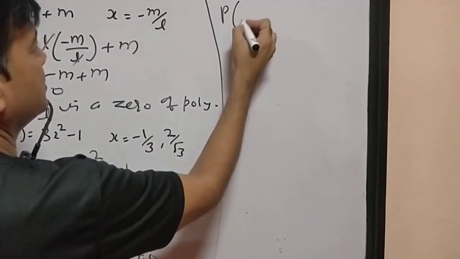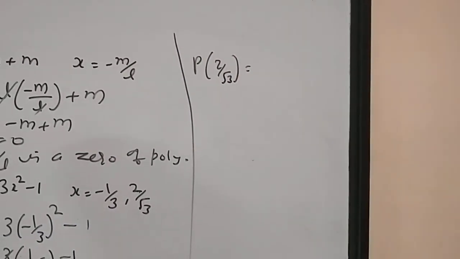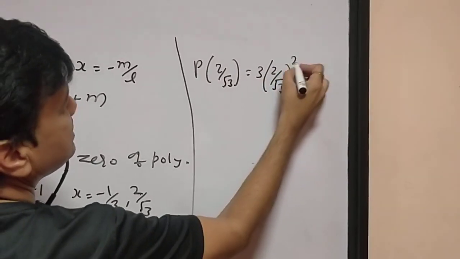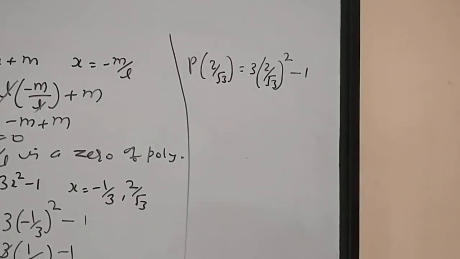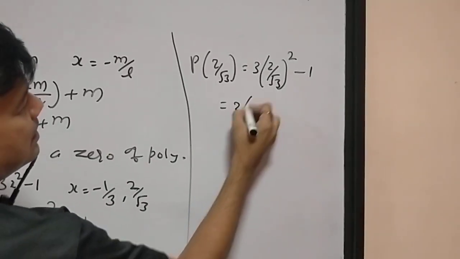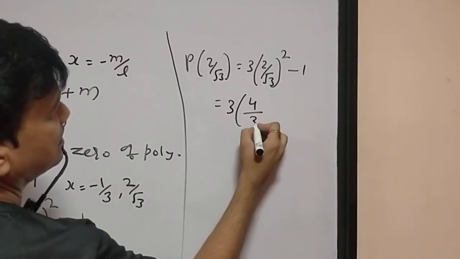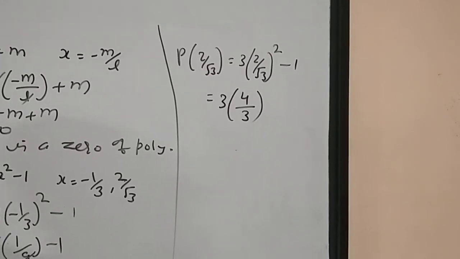P of 2 by root 3 is equal to what? 3 into 2 by root 3 square minus 1. In place of x, write 2 by root 3. 2 square is 4. Root 3 square is 3. Why?